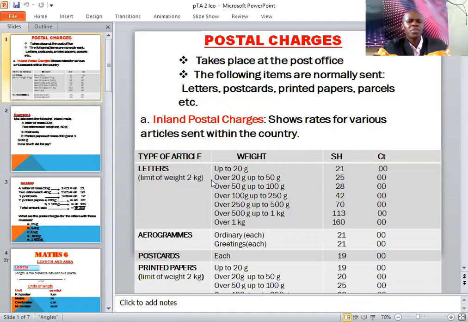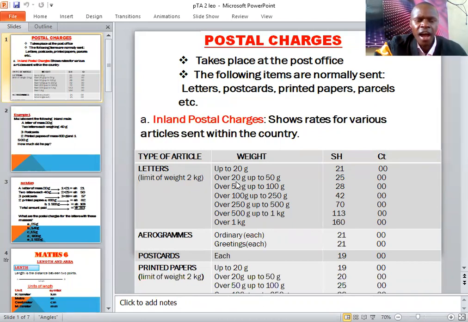For example, here we have the letters. Our table is showing us that if you send a letter up to 20 grams, you will be charged 21 shillings. That means from 1 gram up to 20 grams, you'll be paying 21 shillings.